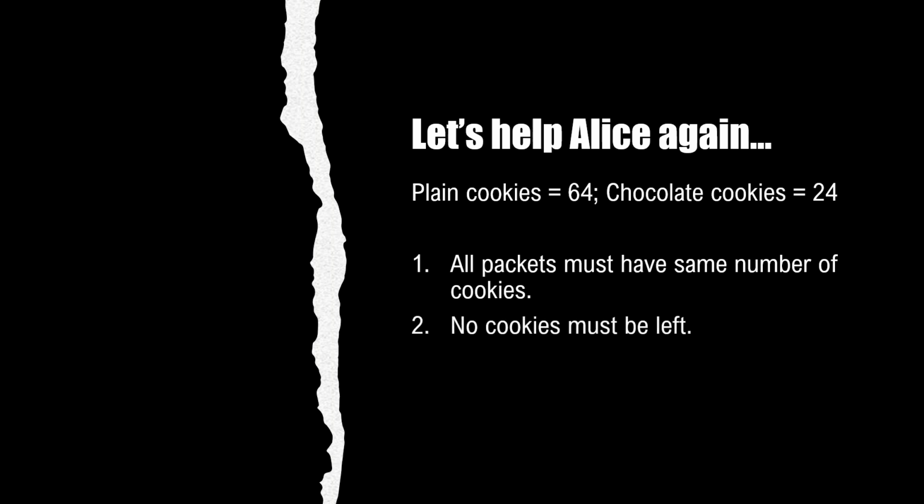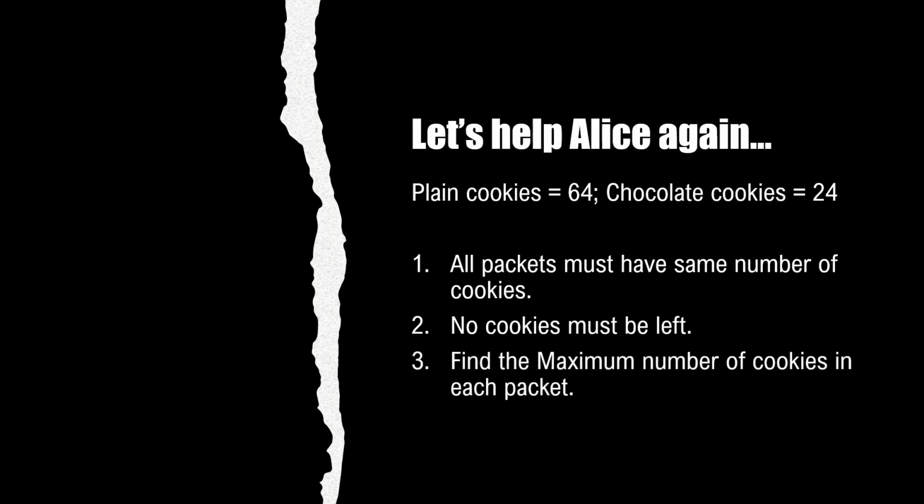And after we put them into packets, no cookies must be left. Finally, we will find the maximum number of cookies in each packet we can divide. So how are we going to do this problem? We will find the HCF of 24 and 64. This is the maximum number of cookies we can put in each packet.